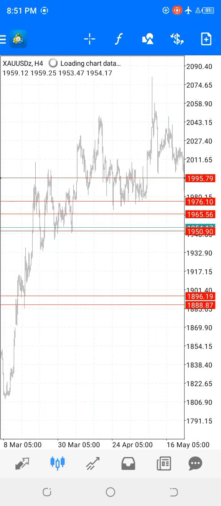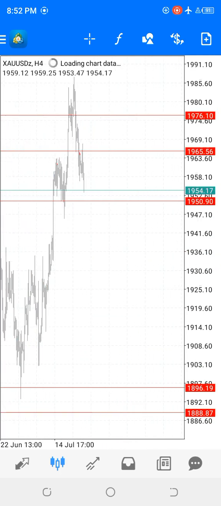Now your assignment. Show me two examples of equal lows, two examples of equal highs, two examples of trendline liquidity to the upside, and two examples of trendline liquidity to the downside. Then two examples of inside bars, different colors of inside bars.